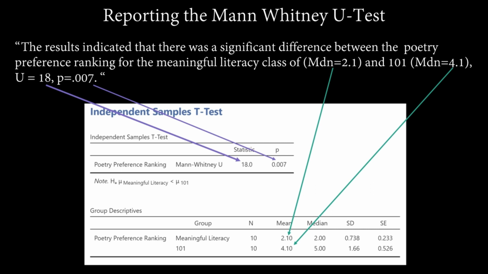The results indicated that there was a significant difference between the poetry preference ranking for the meaningful literacy class, and then I report the median, and the 101 class, I also report the median, and then I give the U-test results, which is 18, and it's significant at the 0.007 mark. You can see with the arrows where to collect this data. This is a very easy test to report.